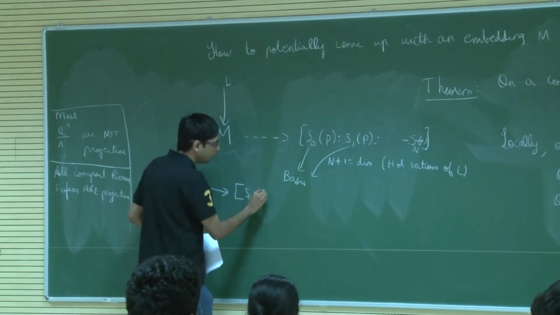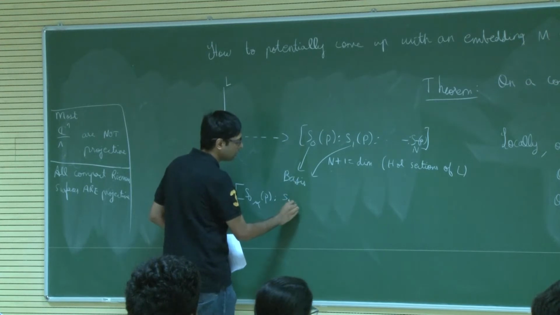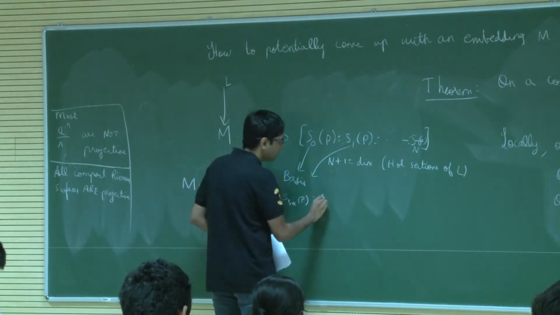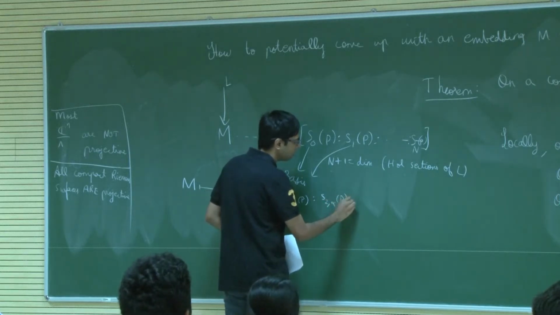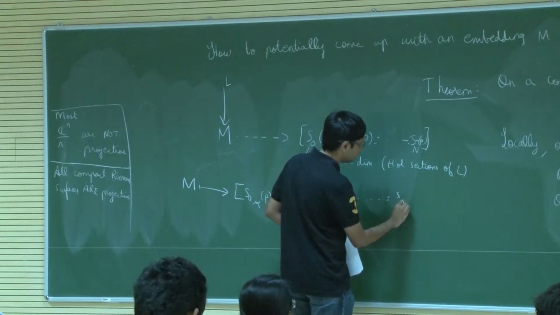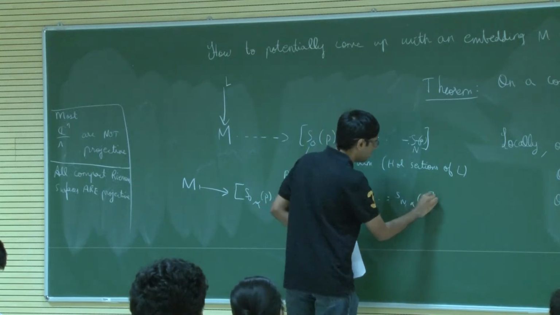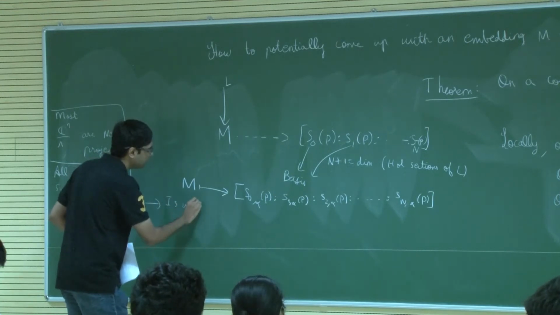So what this means is, you take a bunch of complex numbers and you create this object. You identify them if they differ by a common factor. This map is well defined.